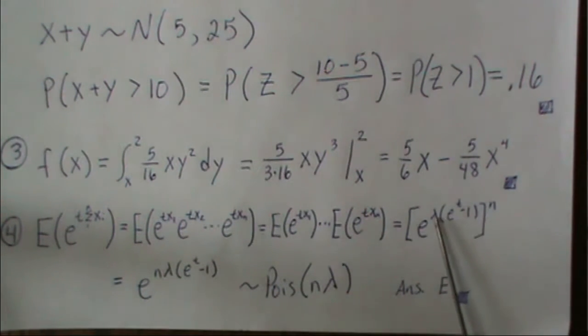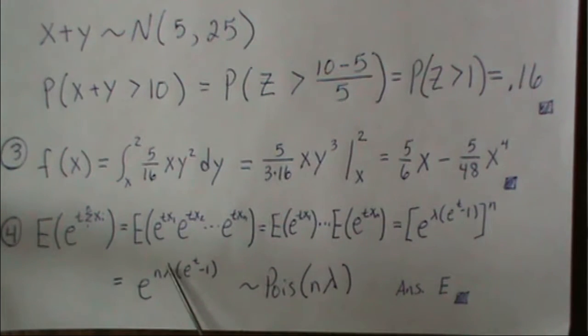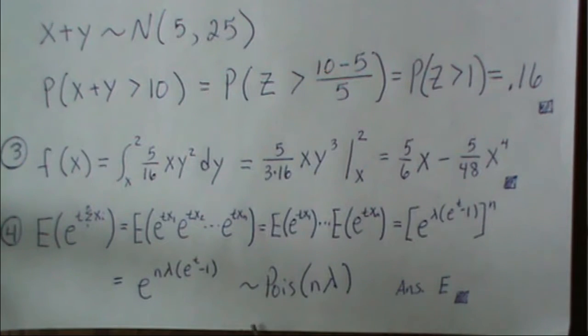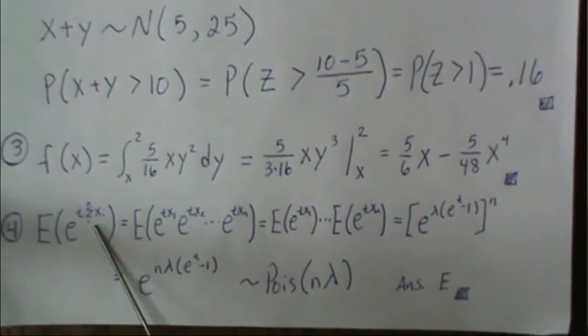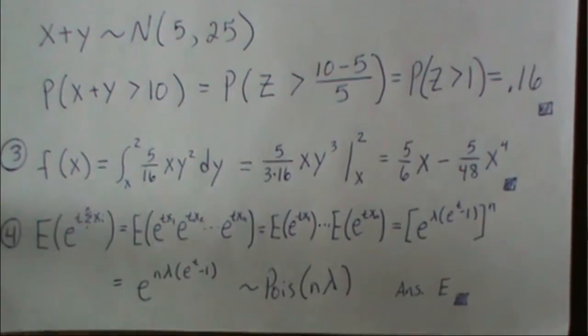But then that comes in here. And then this looks just like a Poisson distribution, except for the parameter, we have n times lambda. So that tells me that this sum is Poisson in lambda, so the answer is E.